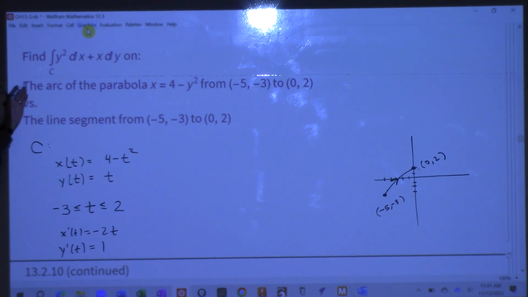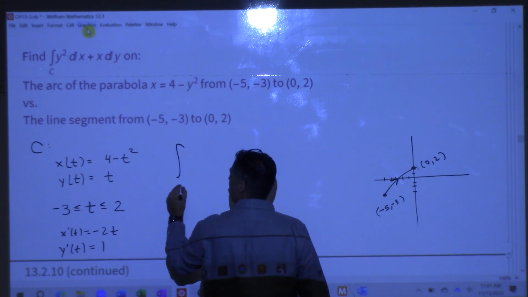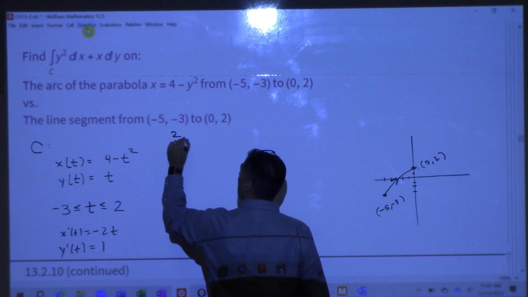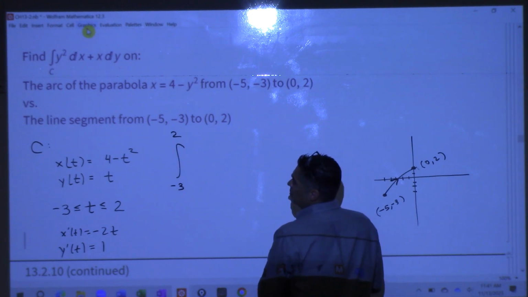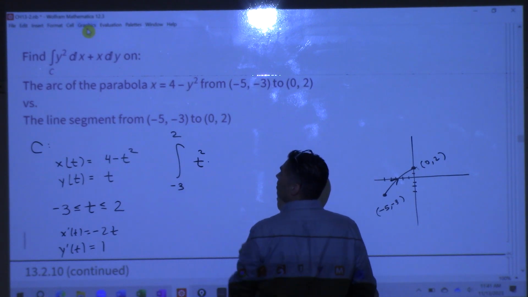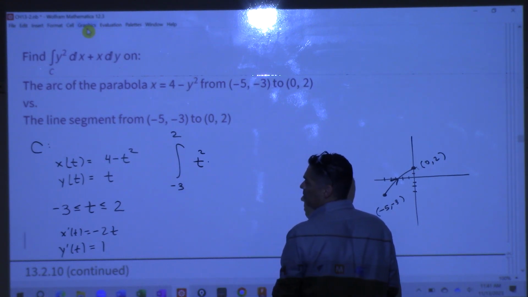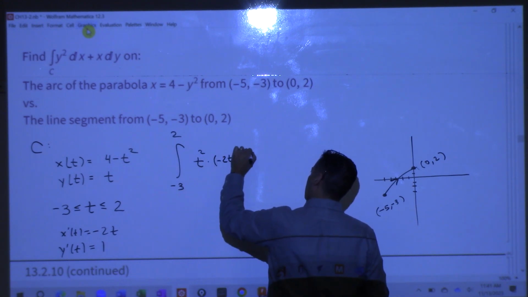Let's do this integral. So that's going to be the integral from negative 3 to 2 of y squared. What's y squared for us? t squared. Okay, then times dx. What's dx for us? Negative 2t dt, right?